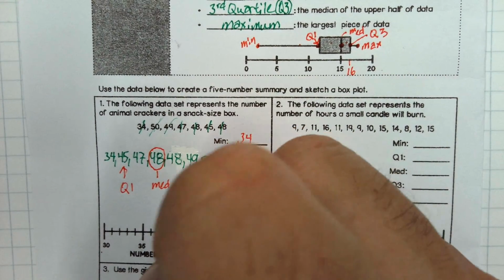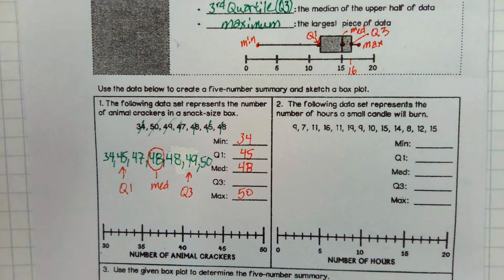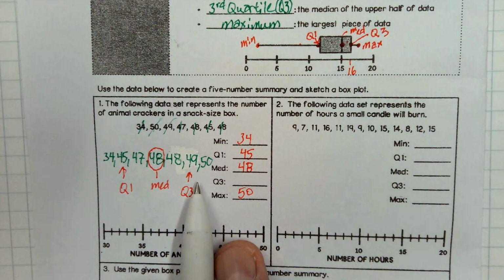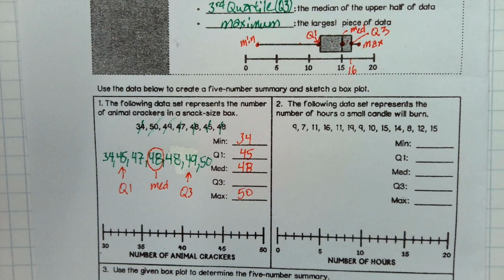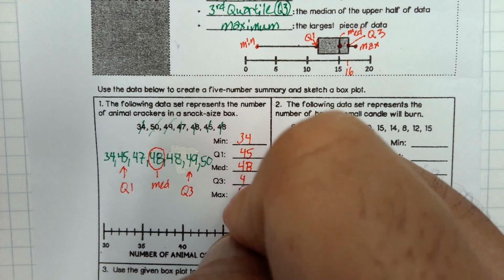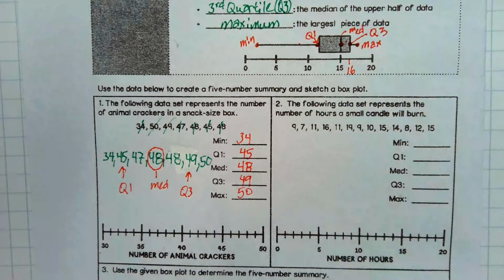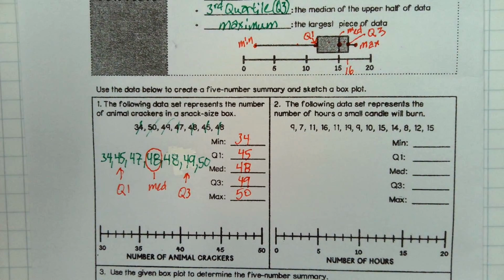So 49 is Q3 because that's the middle of the upper half. Does that make sense? I just divided it up into four even chunks. Okay? So we have those 4 numbers.